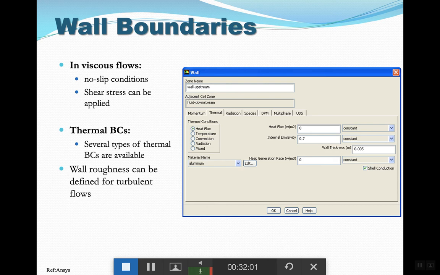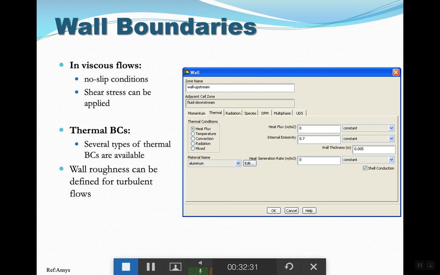The next type of condition that you have to provide on the wall is the thermal condition. That's in a case where you're solving the energy equation, where you are solving for temperature on the wall. There are several types of thermal boundary conditions on the wall, but most commonly you provide either constant temperature on the wall or heat flux on the wall.